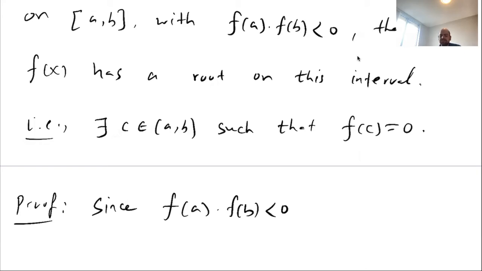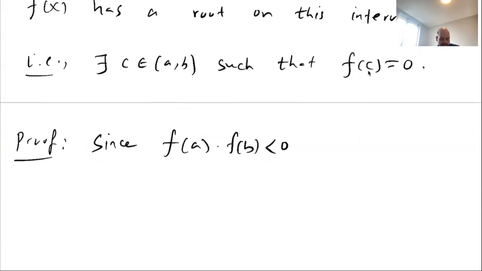If both are negative, the product will be positive. And if one of them is 0, the product will still be 0, not negative. So the only possibility is that one number is positive and one number is negative, and then the product of those two numbers becomes negative.